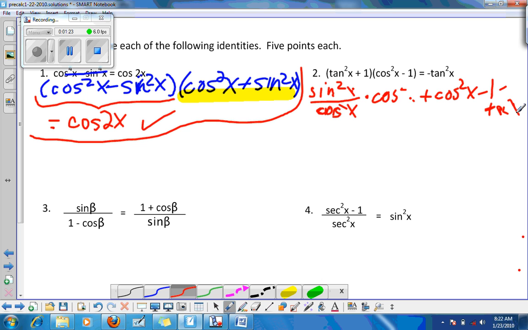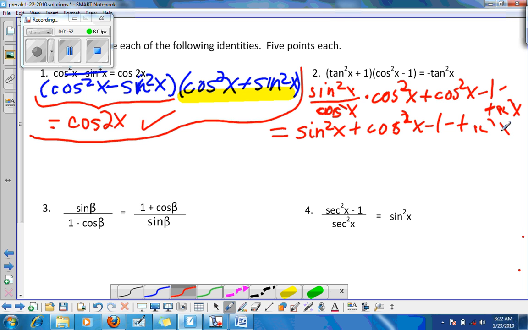And it lets me write it. Okay, simplifying, sine squared over cosine squared times the cosine squared of x is just equal to the sine squared. The cosines cancel. Then we've got plus cosine squared minus 1 minus the tangent squared of x.